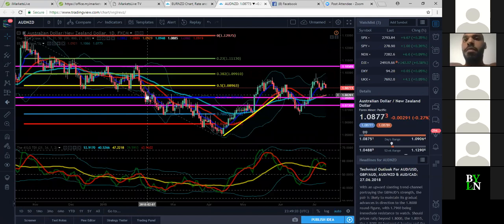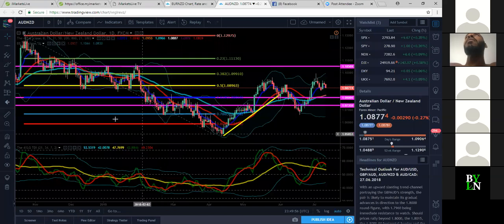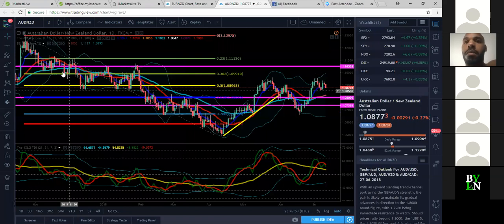There are teacups all over this page. A bullish, bearish, yeah.